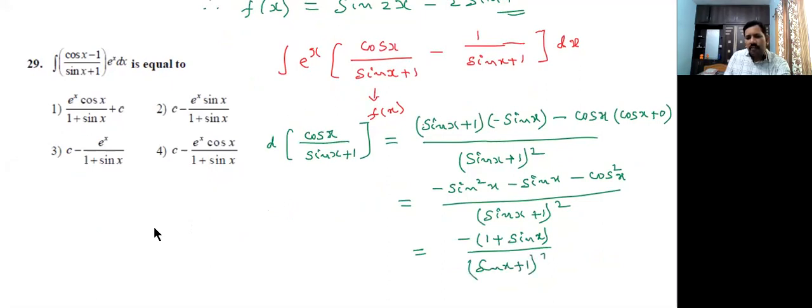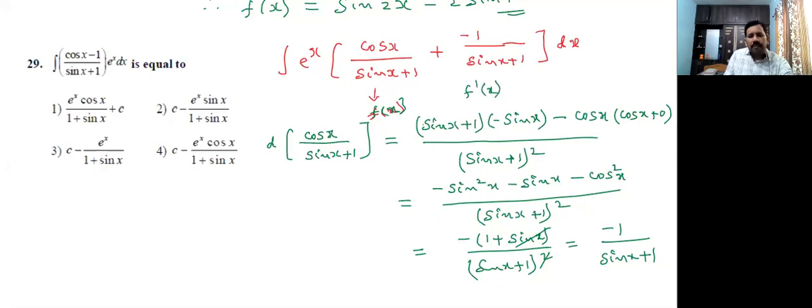So here one term is going to cancel. The remaining is minus 1 by sin x plus 1. Yes, we got this. Take plus, this is minus. So this part is f of x, and this is f dash of x.